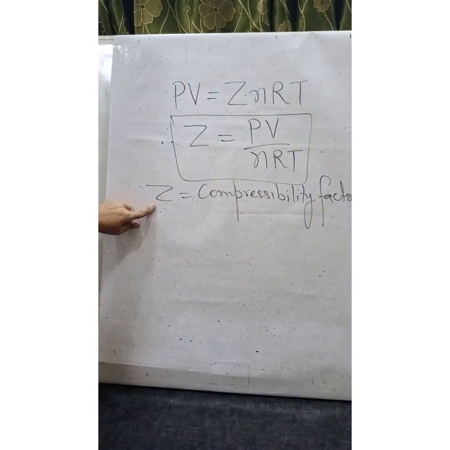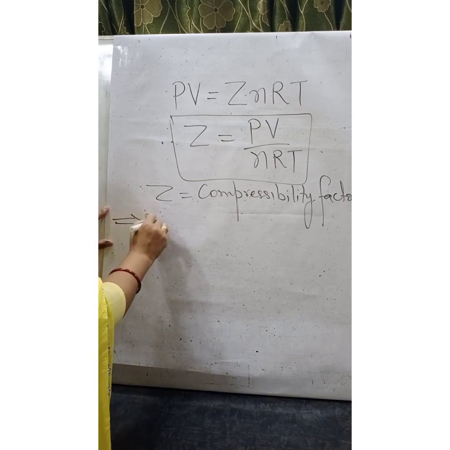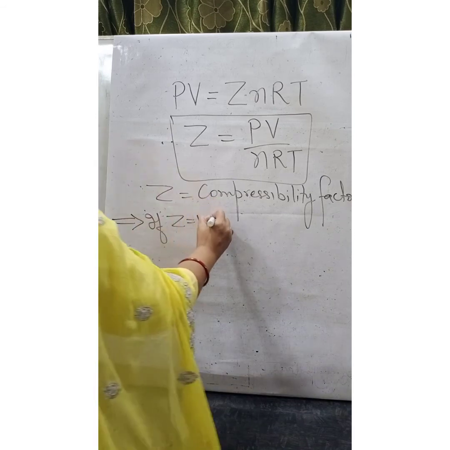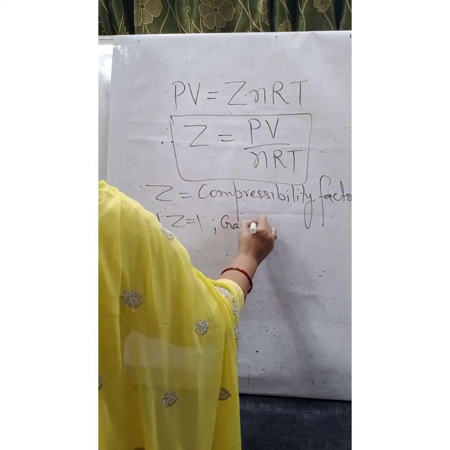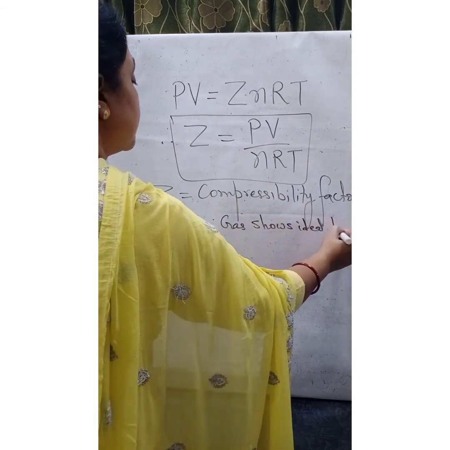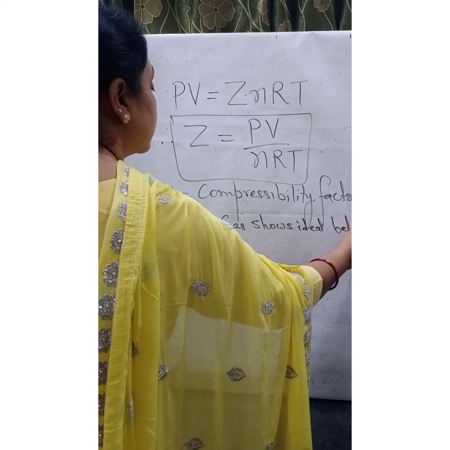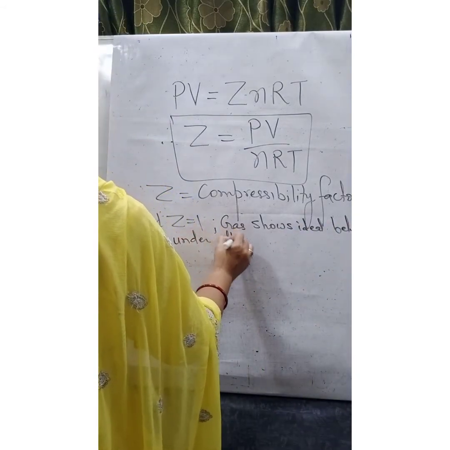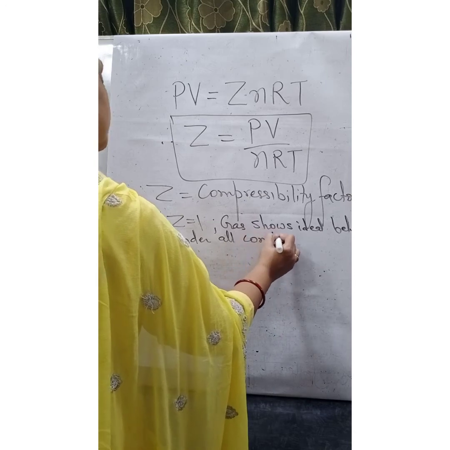Now, from the values of Z, we can make out whether the gas can be liquefied or not. If Z is equal to 1, the gas shows ideal behavior under all conditions of temperature and pressure.